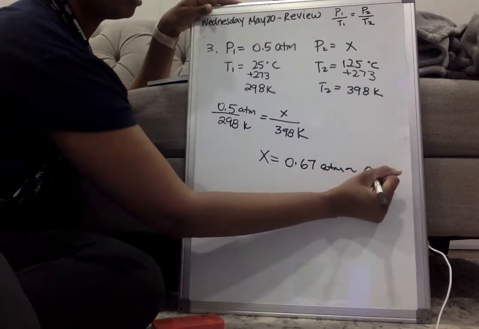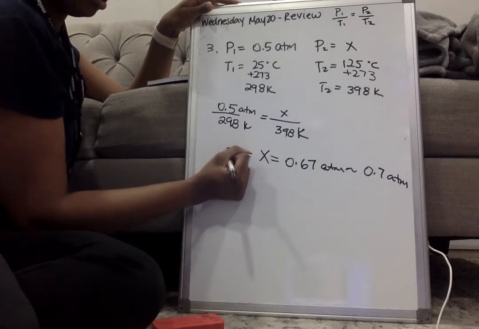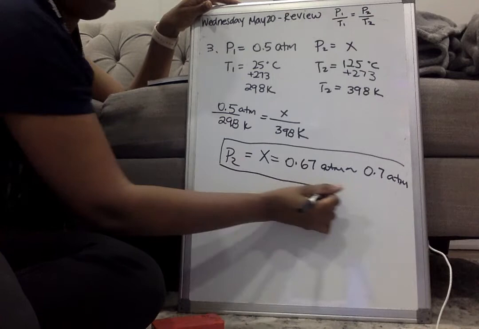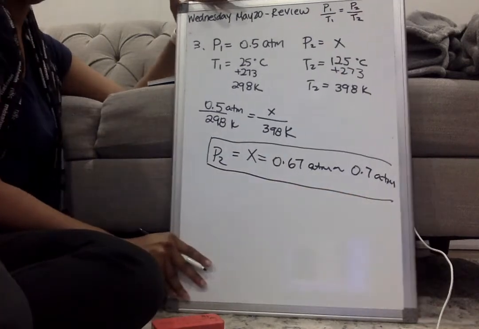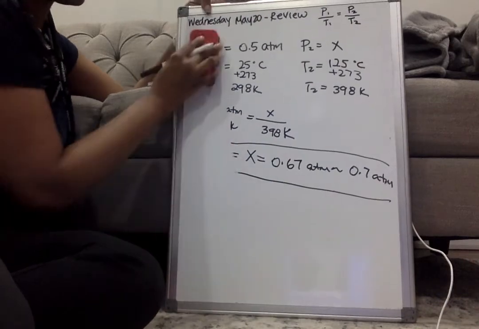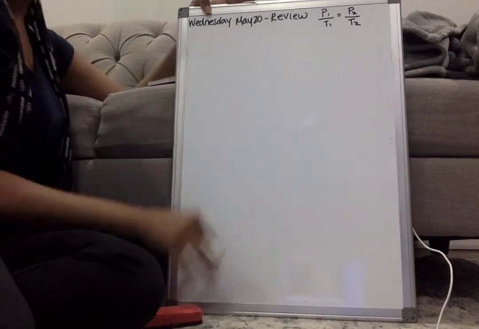You could round that to 0.7 if you like, and this was P2. This is number 3. Next and last, number 4.